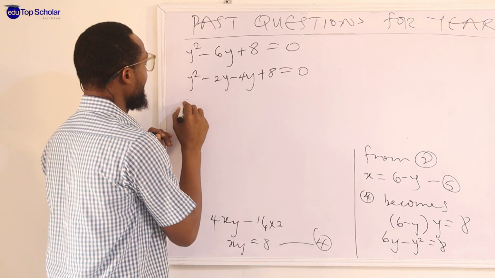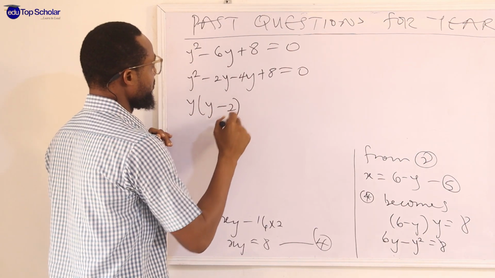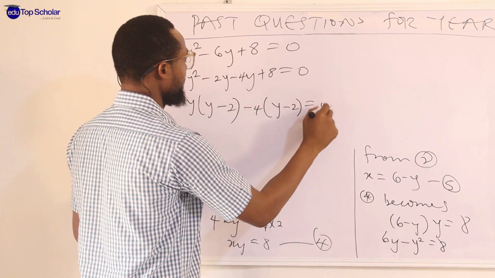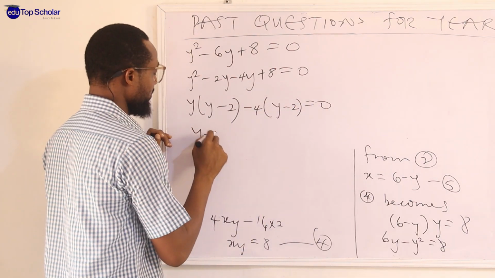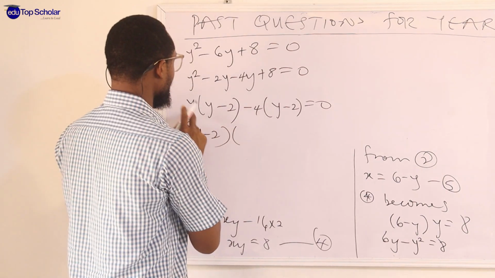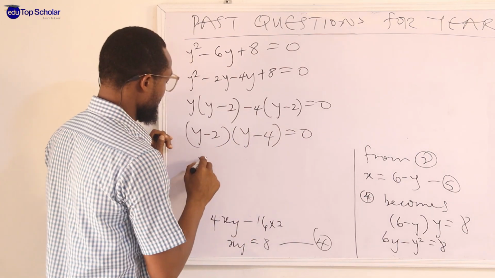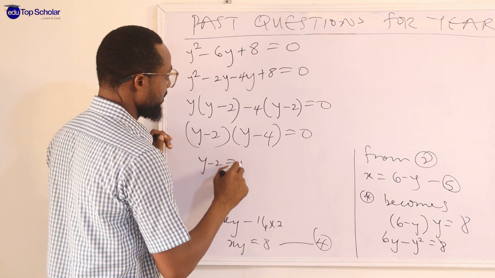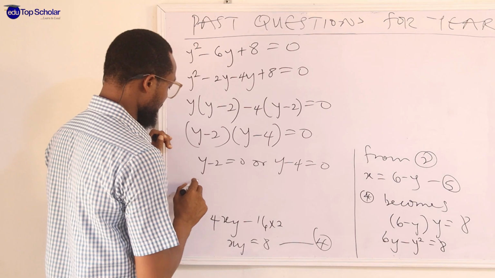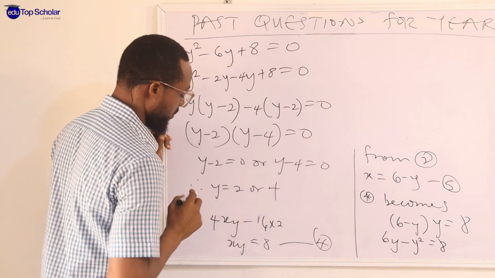If I factor y here, we are left with y minus 2. If I factor minus 4 here, we are left with y minus 2 as well. So y minus 2 is common, we factor that, we are left with y here and minus 4 here, equals 0. So y minus 2 is 0, or y minus 4 is 0. Therefore, y is 2 or 4.